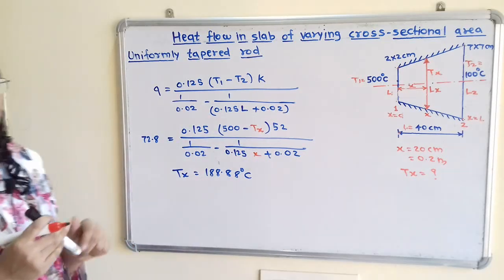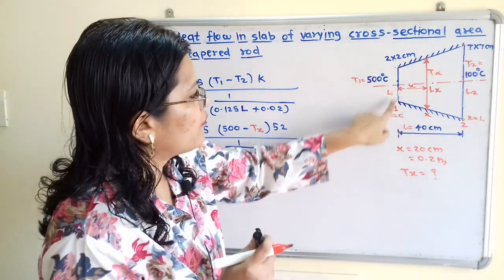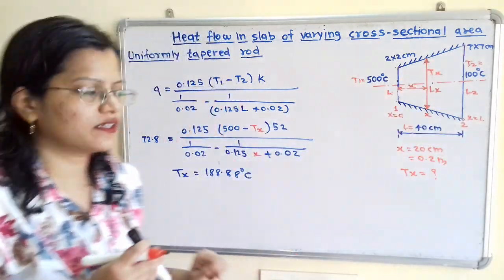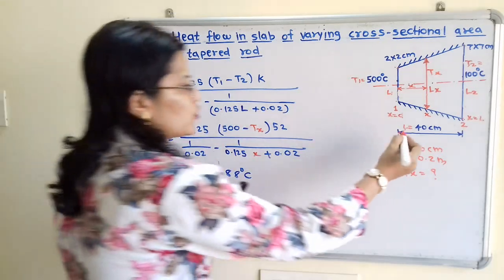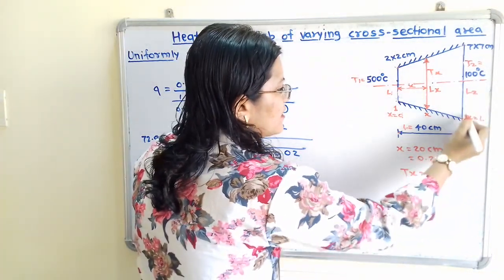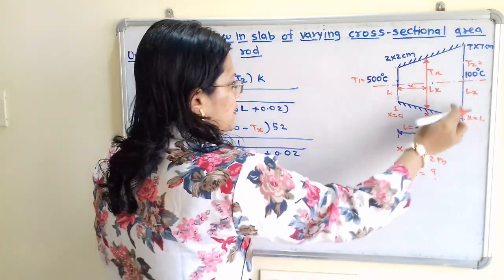Now here there are two variables, that is T1 and T2, that is at the first end and at the other end, and in the same way the length is also included, that is this total length L at the other end. So how many parameters are there for this other end?